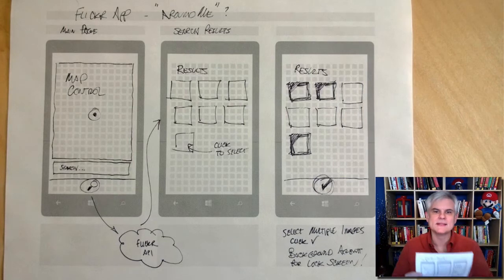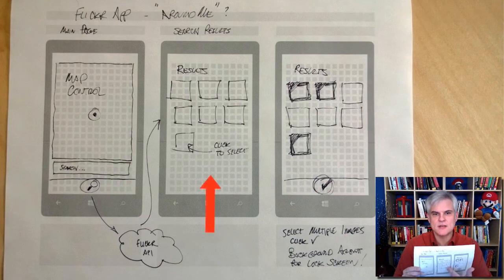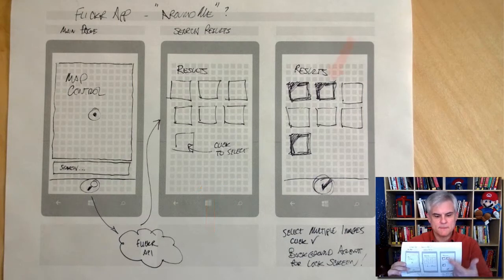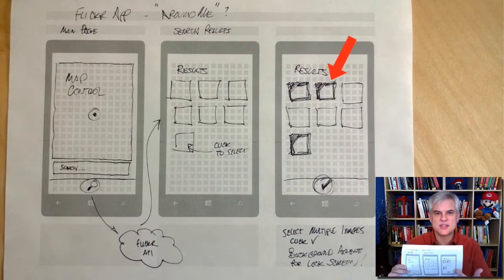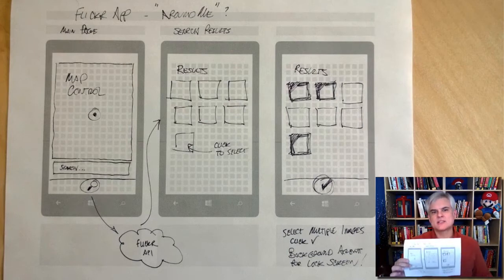And so then we'll get back a list of all the images that will finally then display inside of a grid. Then the user can select photos that they want, making multiple selections in that list of results, and then click a little button here at the bottom, and that will allow the application then to cache those photos onto its local storage and randomly use them as the lock screen image.